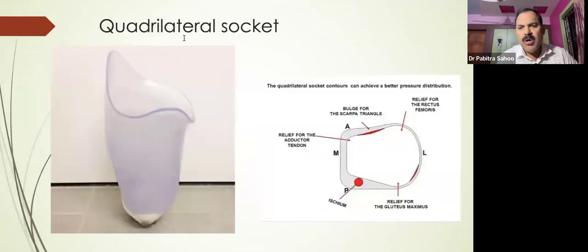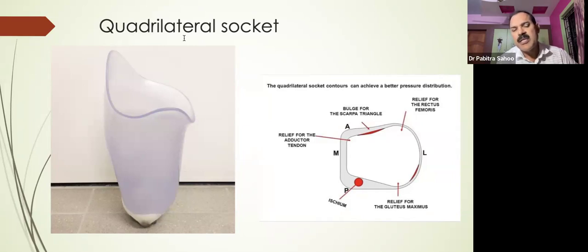If you go to the quadrilateral socket, this socket is fitted with around 5 to 10 degrees of flexion, and that amount of flexion is always fixed. If there is a fixed flexion deformity, that amount of deformity must be accommodated in the socket by adding it.